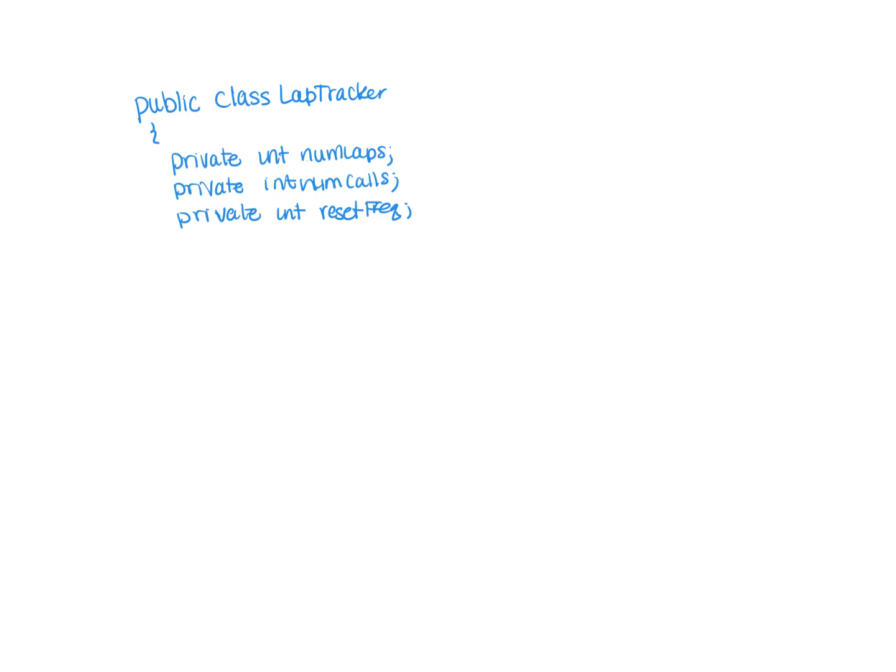So when we look back at our constructor, we only have one constructor. It sets the number of laps and the number of calls equal to 0, and our reset frequency to reset frequency. So public LapTracker. We're going to pass in an integer that's going to be reset frequency. So we currently have made no laps, and no calls.